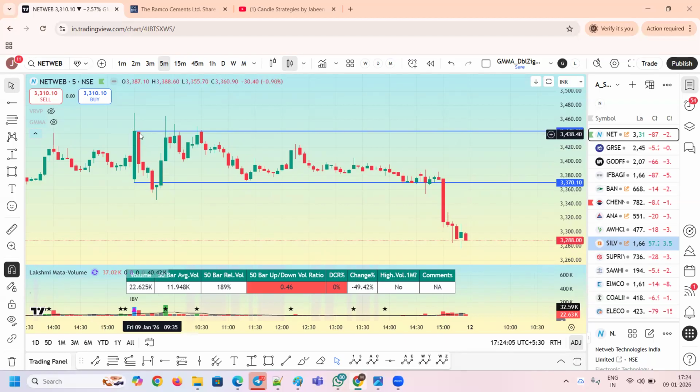So there are high chances. See, first was this, second was this, then see, a very big red candle has formed. So every time it is giving us a hiccup, means from morning it is giving a hiccup.